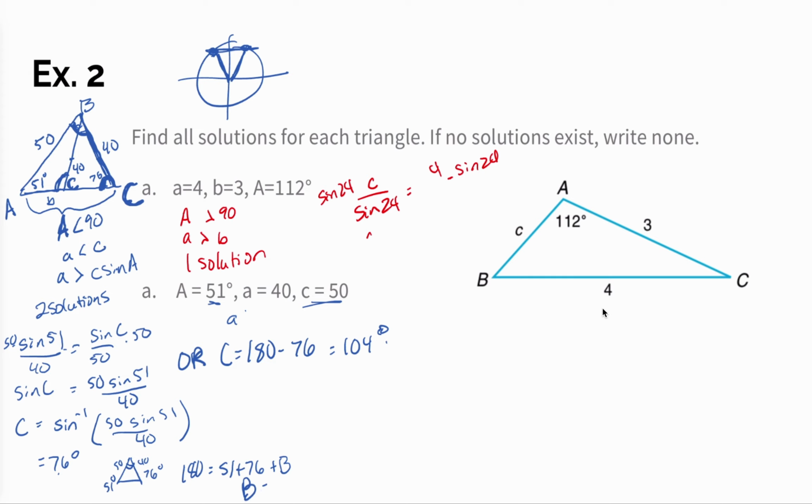So we get B equals 53 degrees, and we can use law of sines again to find that last missing side. So 40 over sine 51 equals B over sine 53. We're going to multiply both sides by sine 53. And we're going to get that B is sine 53 times 40 over sine 51.